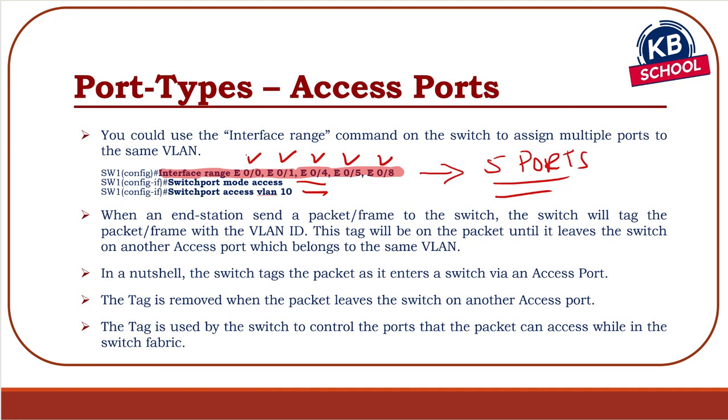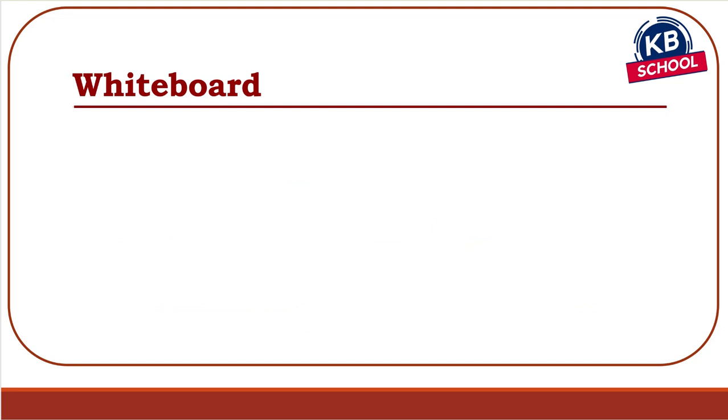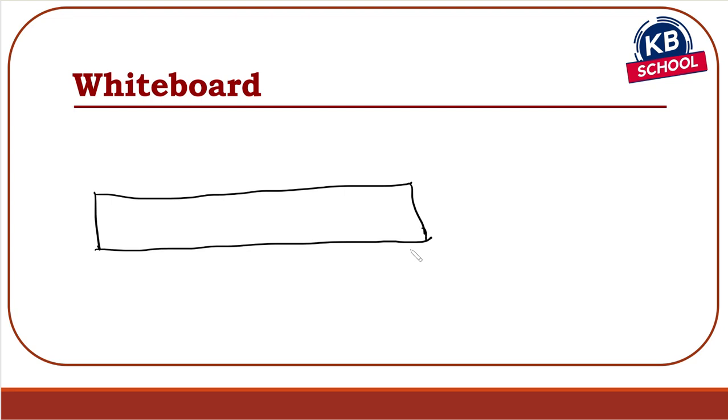All right. Once this is done, what happens with the frames that enter the switch? As soon as I make these ports part of VLAN 10, I want you to see what happens to the frames as they enter the switch when they're access ports.